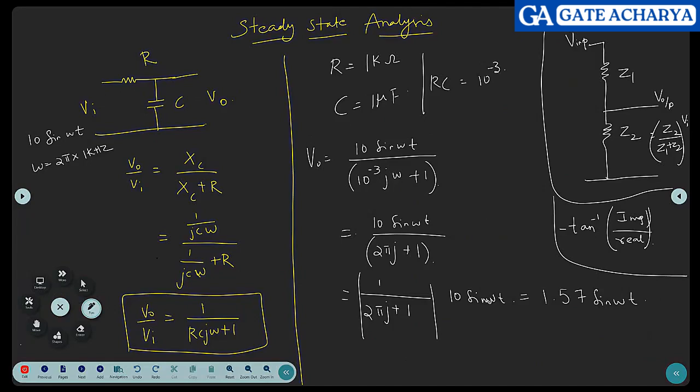What is tan inverse of 2 pi? Tell me in degrees, not in radians. 80.95, so the meaning is minus, right? 80.9 degrees. So this is the output. So the output is this one.